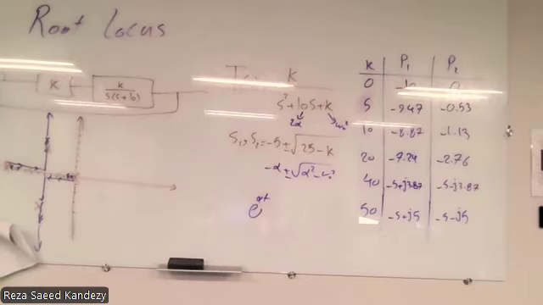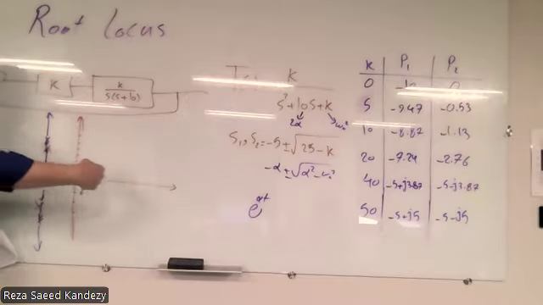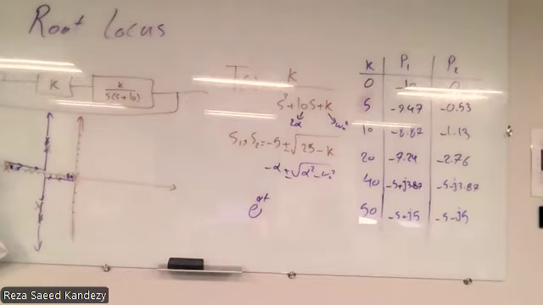Right hand side. You remember that? We said if we have a pole on the right hand side of our plot, we have an unstable system. Are we good? If we have a negative pole in the left hand side, we said it was stable.